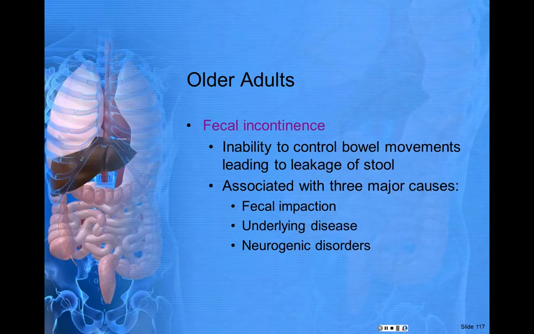Fecal incontinence is really common in older adults, which is an inability to control the bowel movements leading to leakage of stool. The three most common causes of fecal incontinence are fecal impaction due to severe constipation, underlying diseases, and neurogenic disorders where they basically lose nerve innervation.